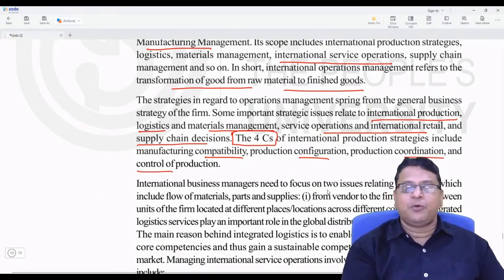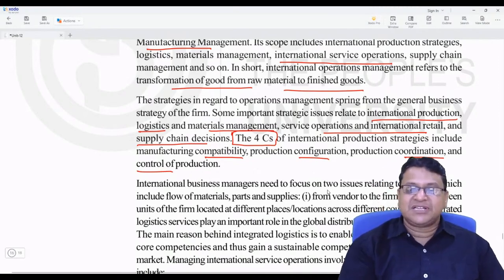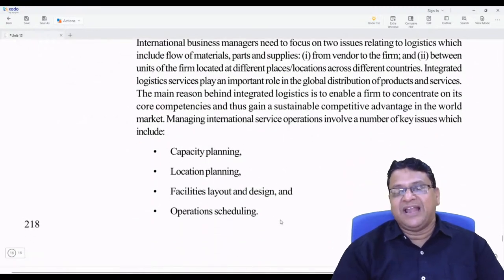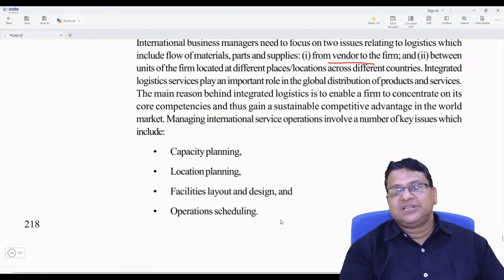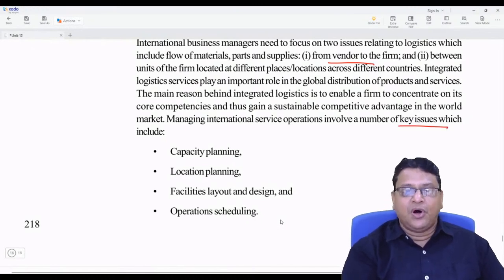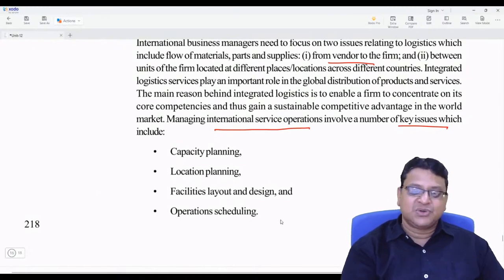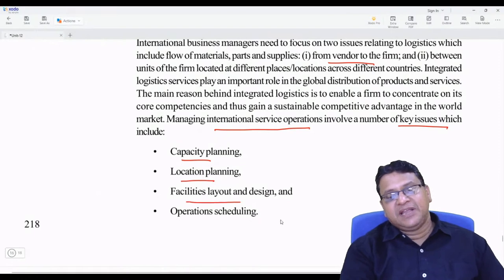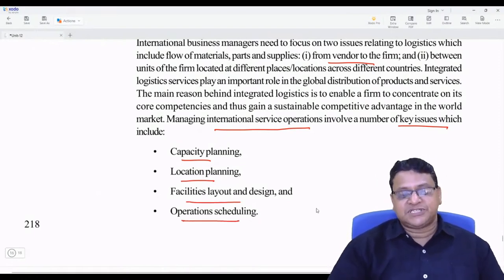We have discussed that an international business manager has to constantly create value. Then we have discussed key issues of managing international service operations: capacity planning, location planning, layout planning, and operational scheduling.